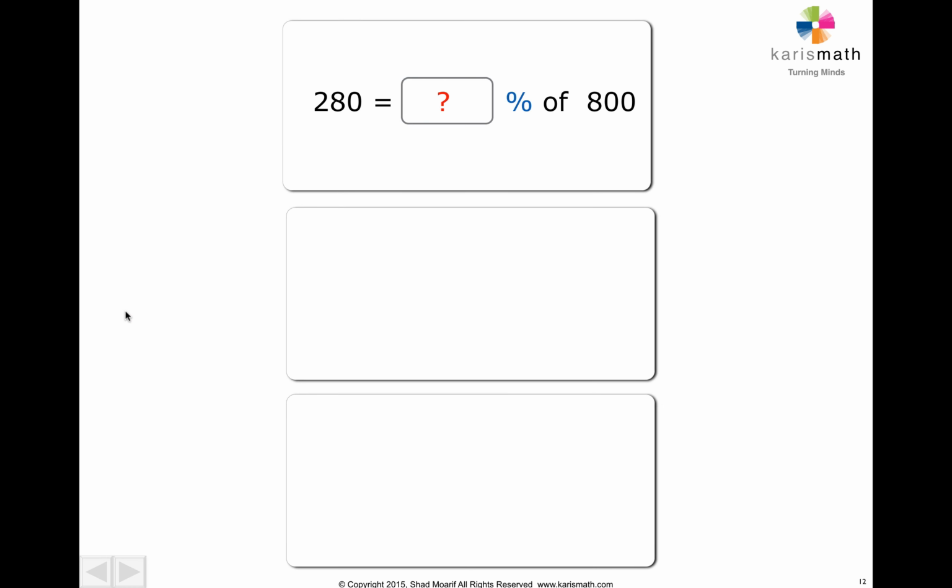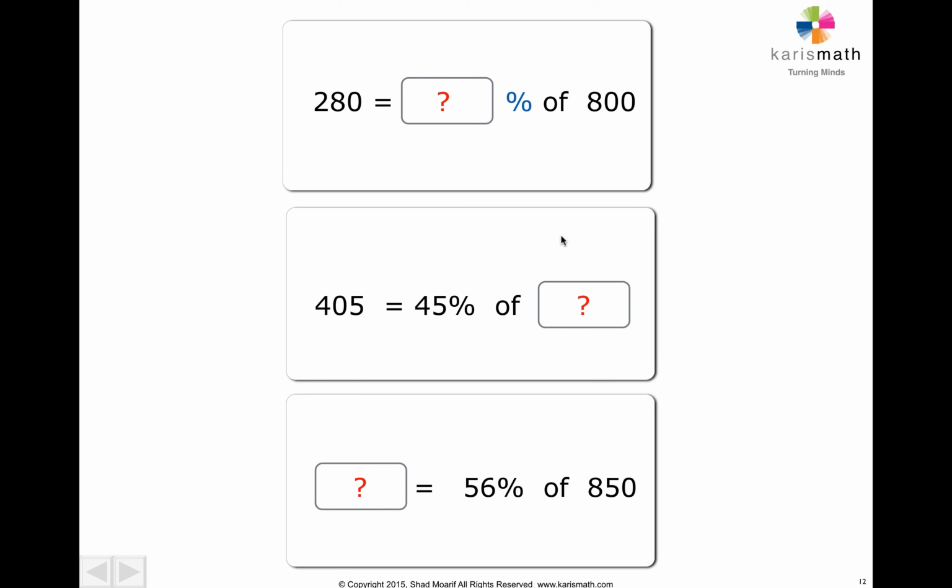So let's try these three questions right here. First, let's put this as a multiplication sign so that it's easy. And let's start with this one. What is 56% of 850? Well, that's easy. 0.56 times 850, and we get the answer straight away, and that's the answer.